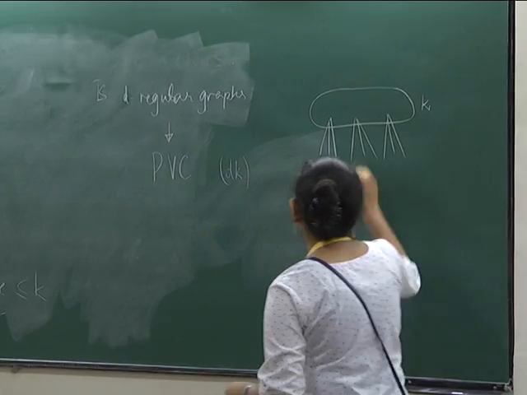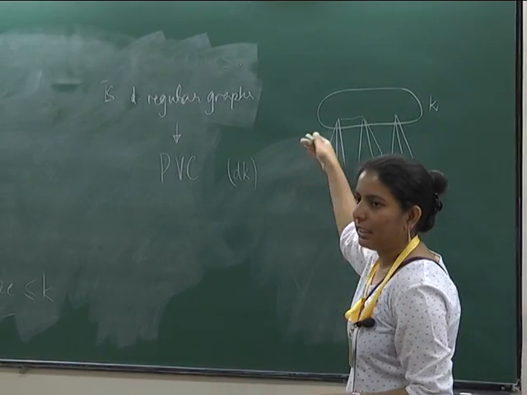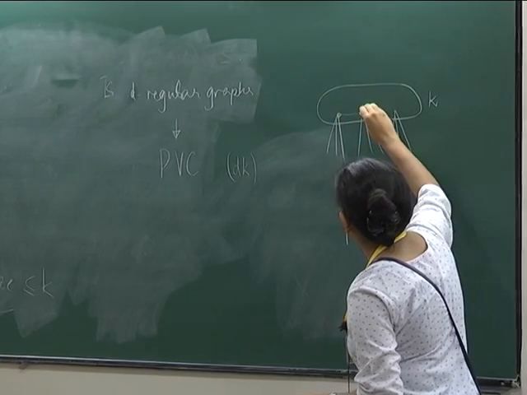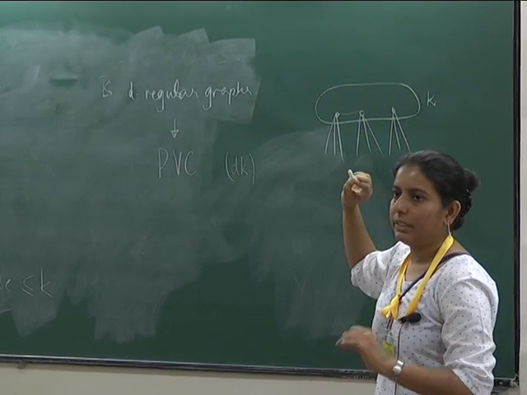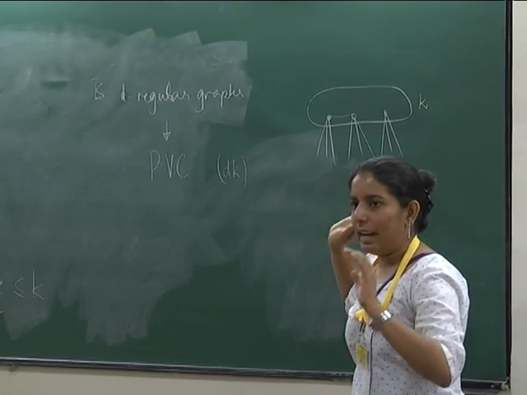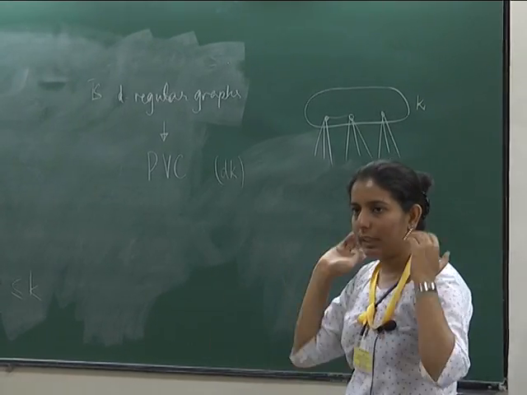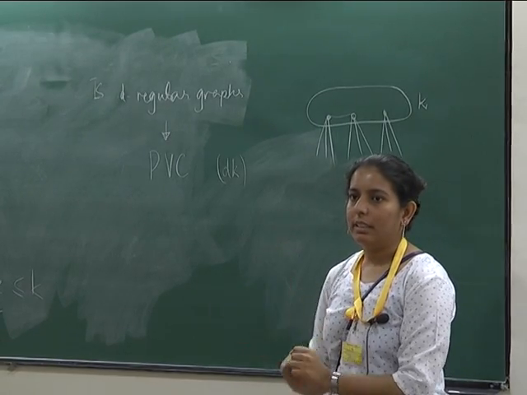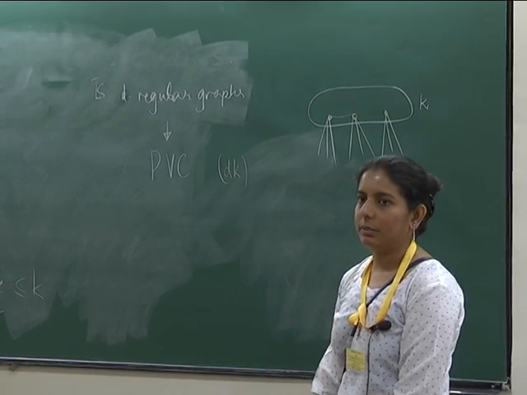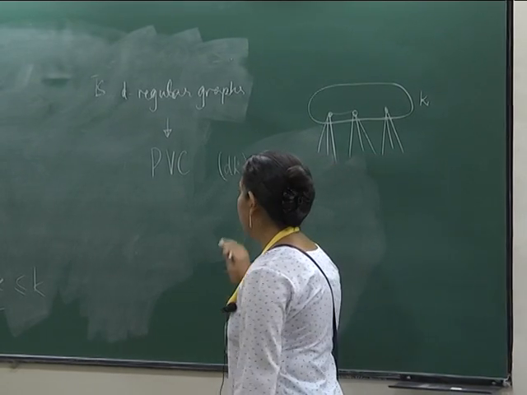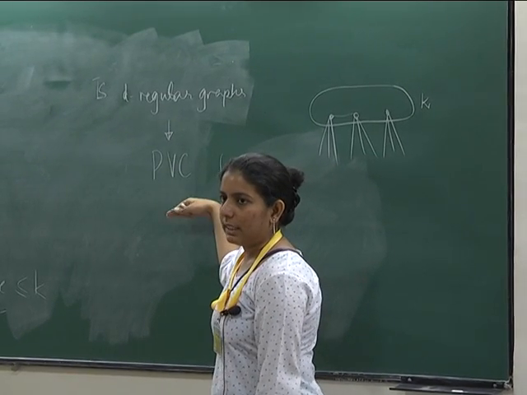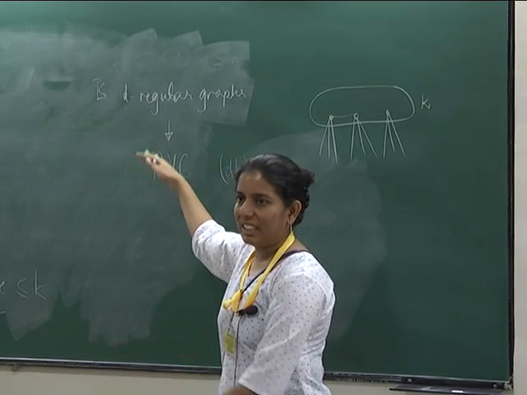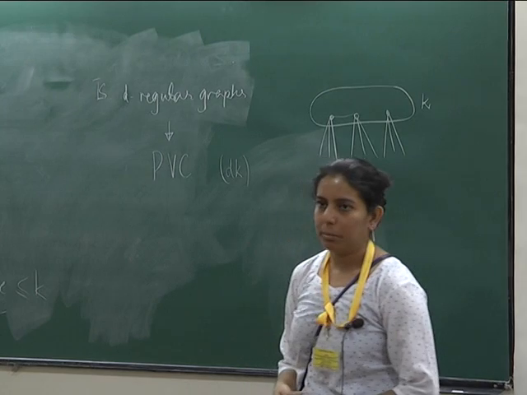If every vertex has only degree d to give out to cover at least d times k edges, all of these degrees must be going out. If anybody chooses to have a neighbor inside, then you fail to cover at least d times k edges. So if you have a partial vertex cover of size k covering at least d times k edges, then you go back to an independent set of size k.